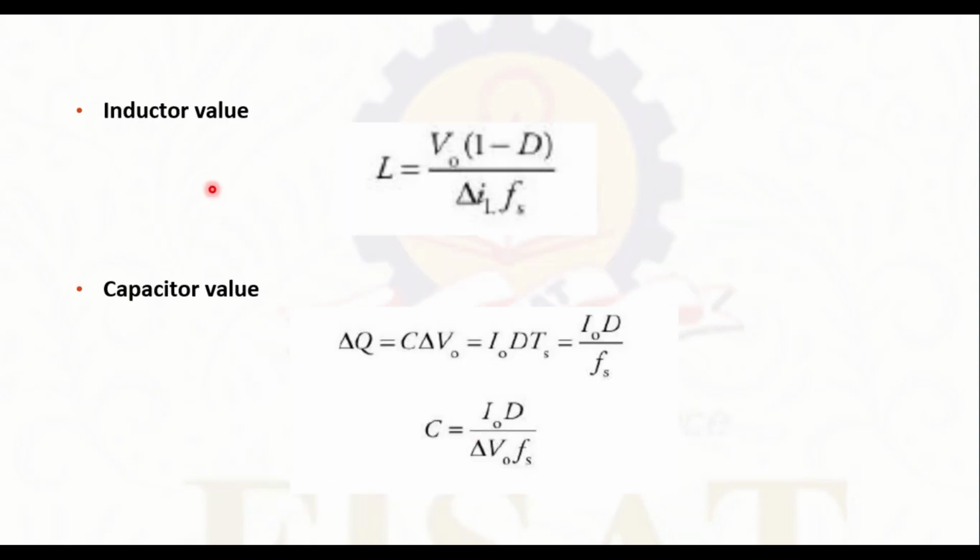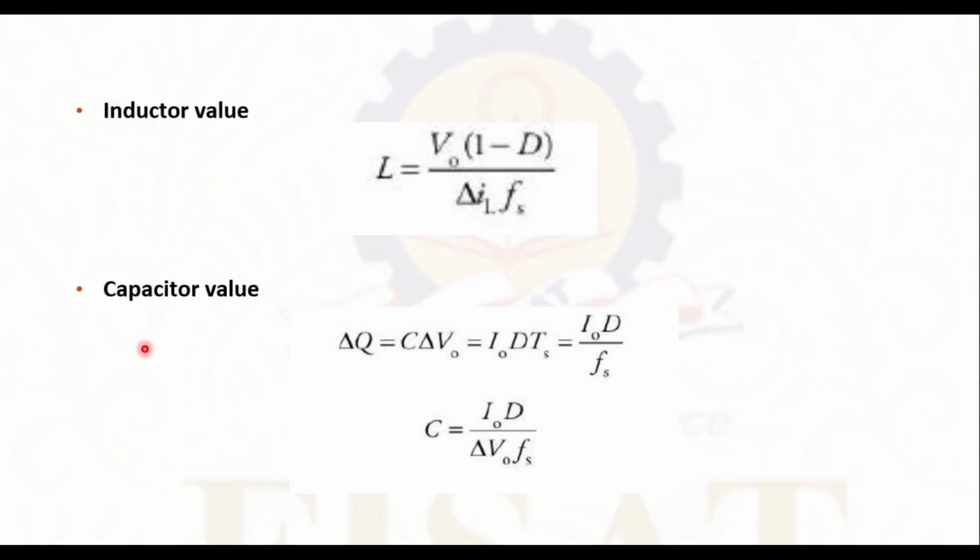Similarly, like the previous cases, the inductor value L is equal to Vo into 1 minus D divided by delta IL into Fs, where delta IL is the current ripple and Fs is 1 by Ts. Therefore, delta IL is equal to Vo into 1 minus D divided by L into Fs.